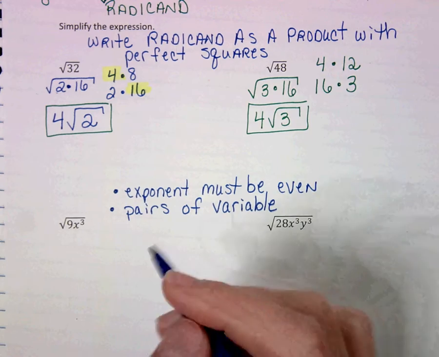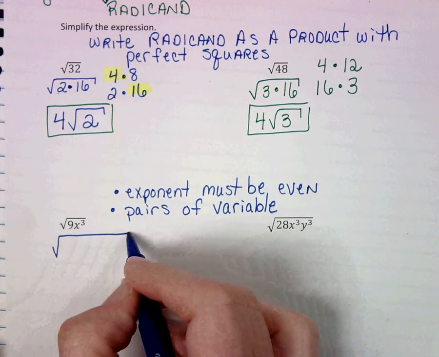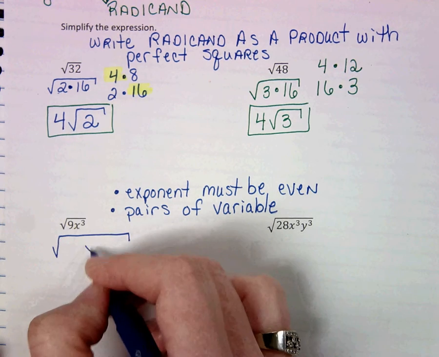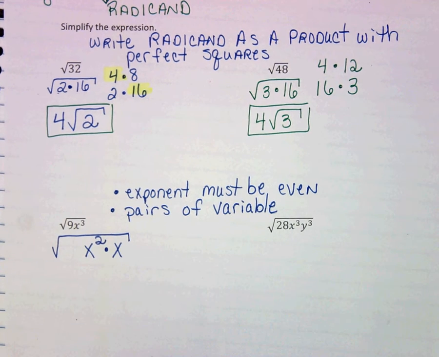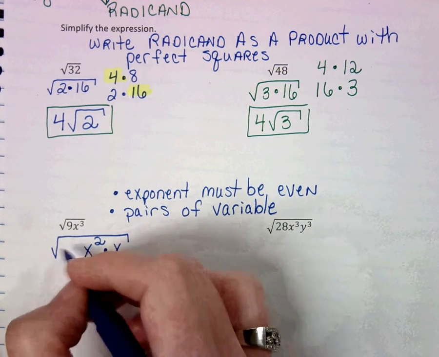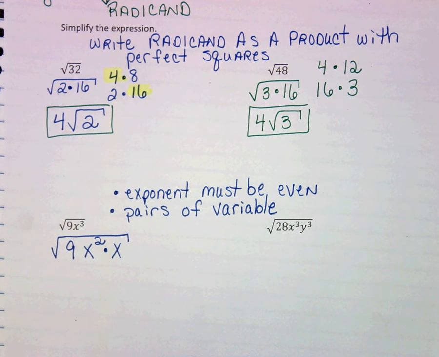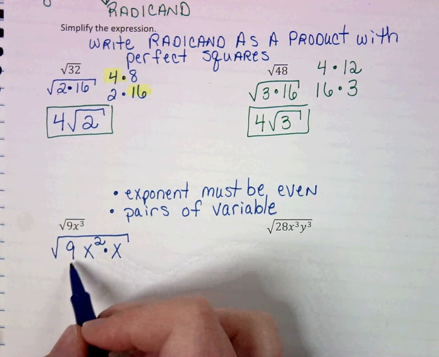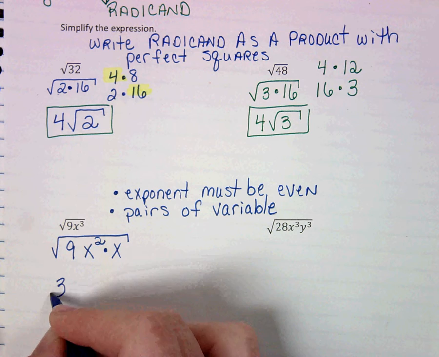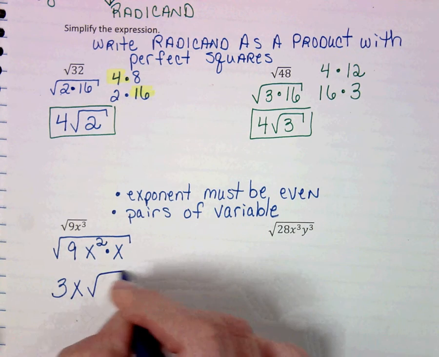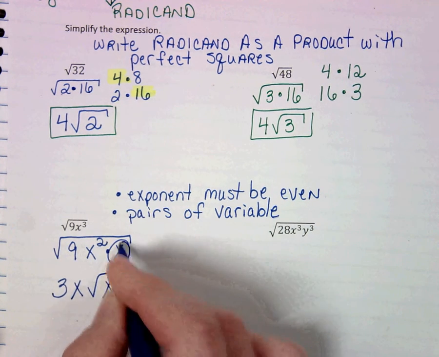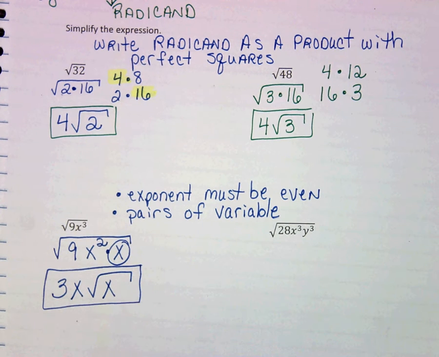Hopefully you realize that I could break that apart into x squared times x. X squared times x still means x to the third, right? And then 9, I don't need to break that apart into anything because 9 is already a perfect square. So now I've set apart all my perfect squares. The square root of 9 is 3. The square root of x squared is x. And so the only thing left under our radical sign is our lonely old x. It doesn't have a partner. It doesn't have a pair or perfect square to bring it out of the radical sign.